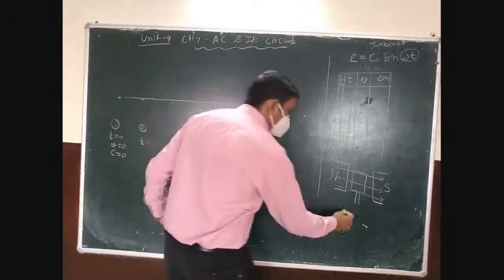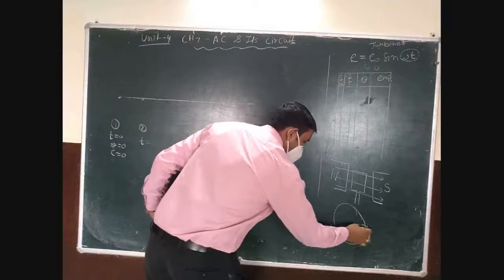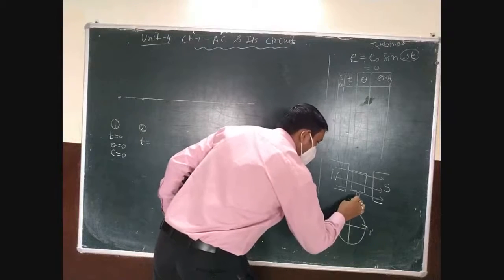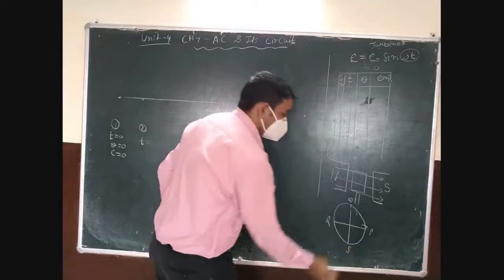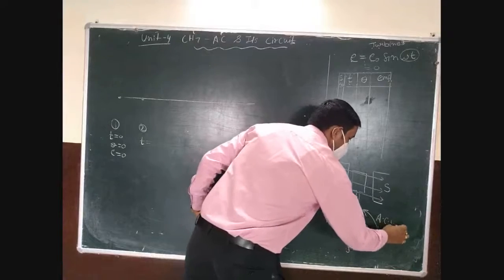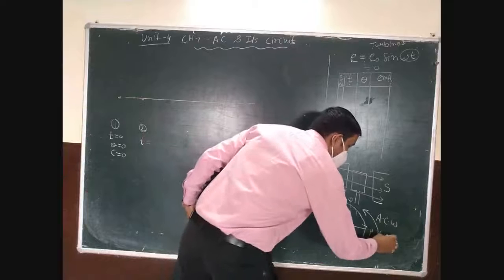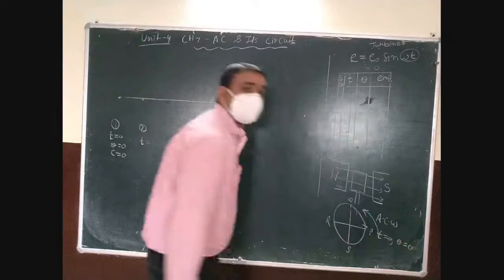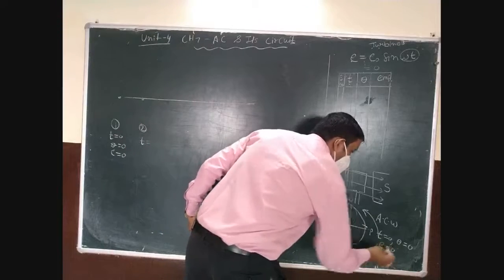Just see from here also, it is rotating from P, Q, R to S in the anti-clockwise direction. Okay, so here t is equal to 0 and theta is also 0. What do we find here? We find that E is also 0.